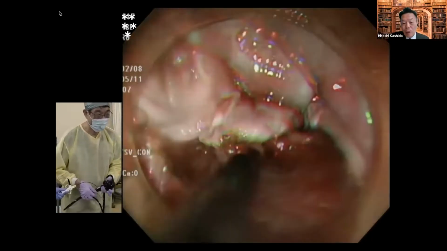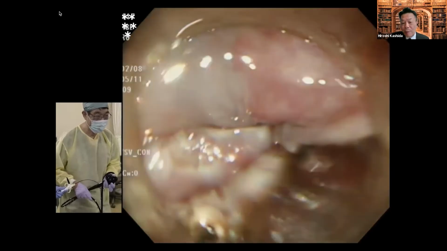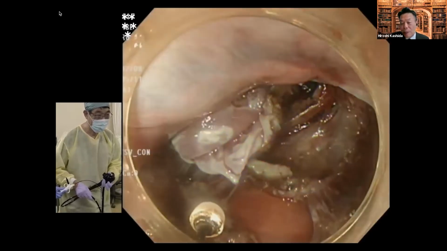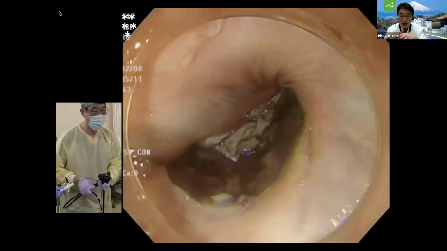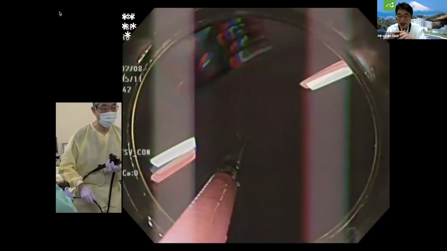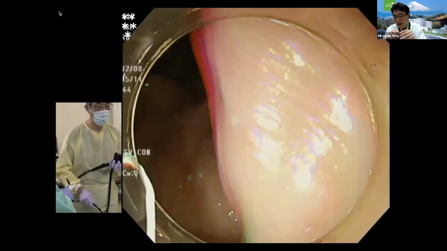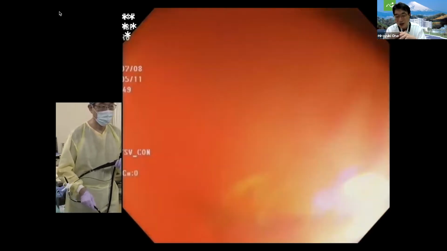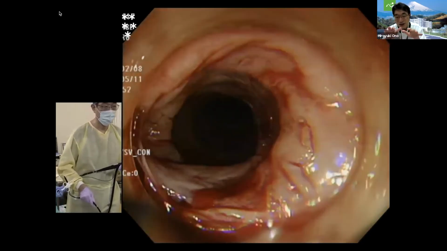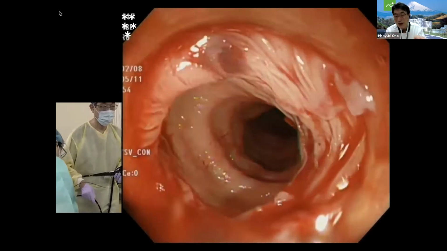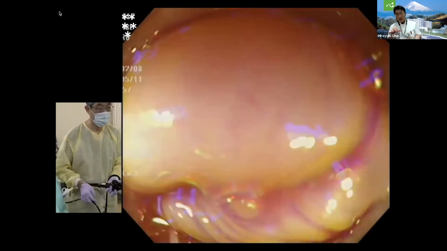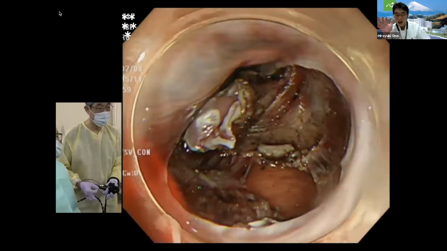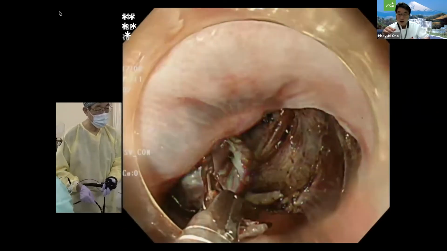So you don't use the traction method from the beginning, but only in difficult cases? No, I usually use a traction method initially. But this lesion has severe fibrosis, so initially the traction method is maybe not so useful.